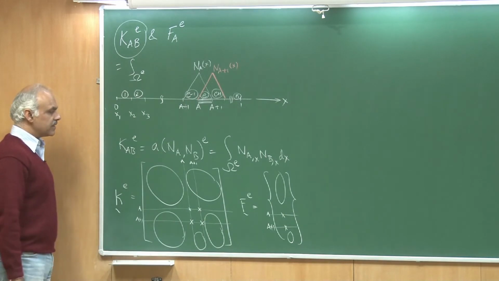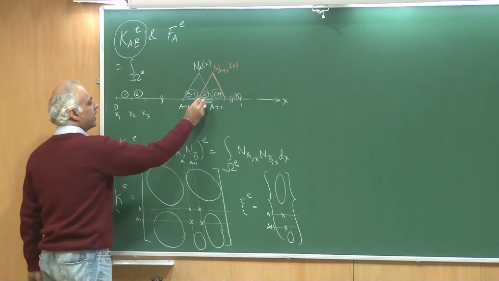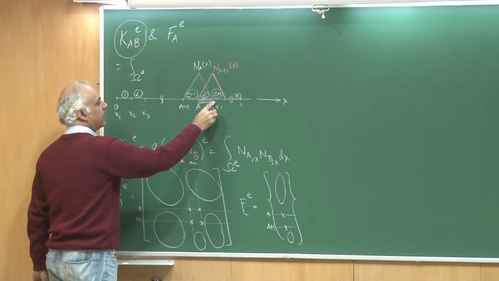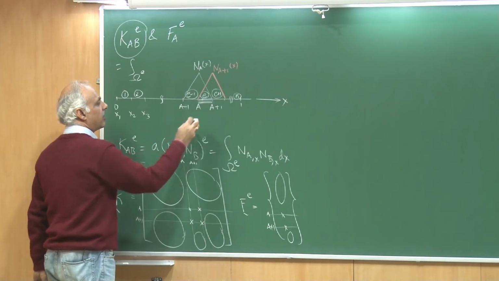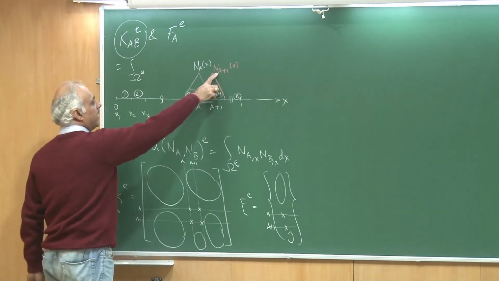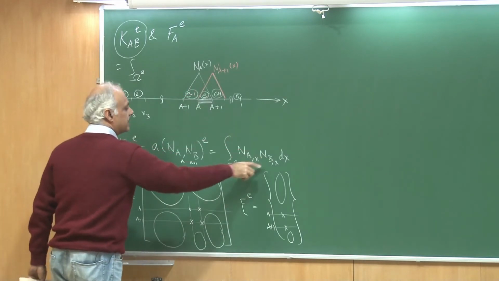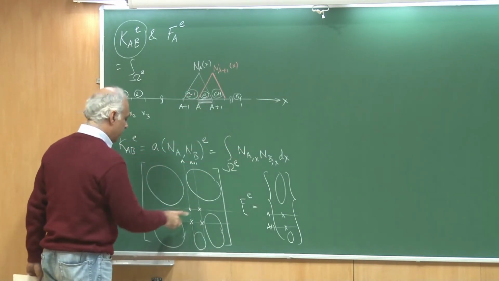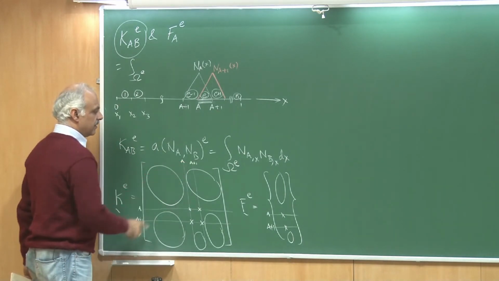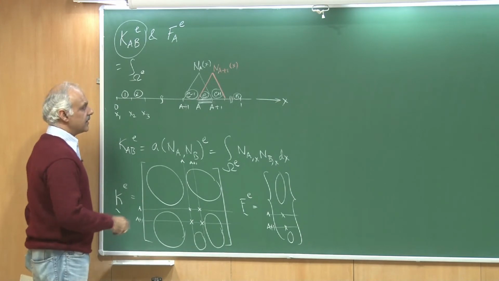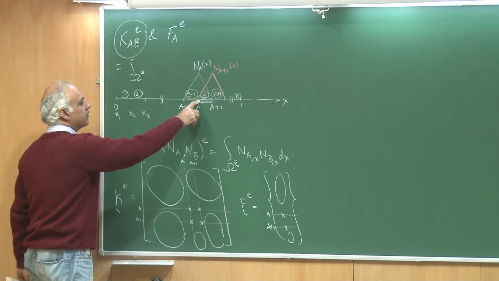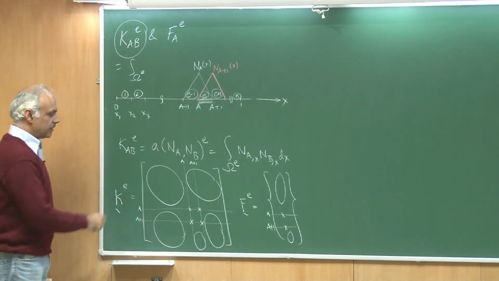I hope you are able to understand the argument that because we are integrating only in this domain omega E, which is node A to A plus 1, there are only two shape functions that are non-zero here, and those shape functions are N_A and N_{A+1}. So, when I look at this integral, there are only two values of A's and two values of B's which would be surviving, okay? And I am in element E, so they correspond to A and B both equal to A and A plus 1, and that is what has been done here.